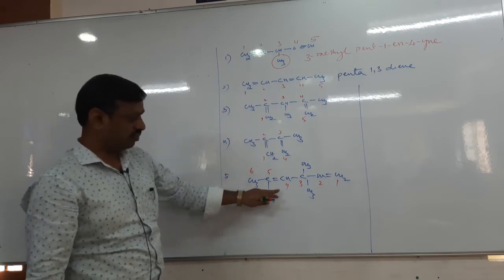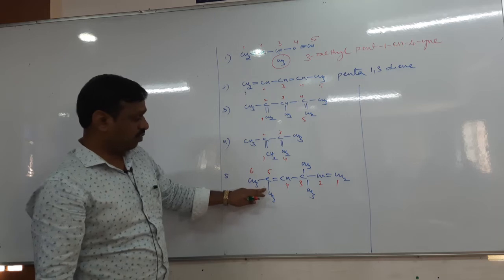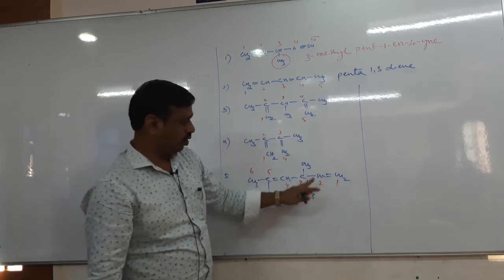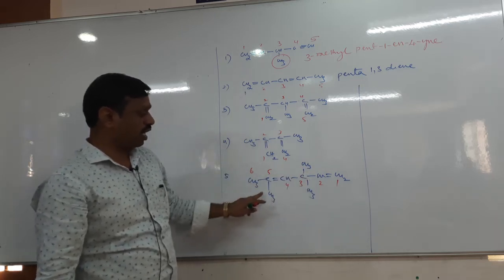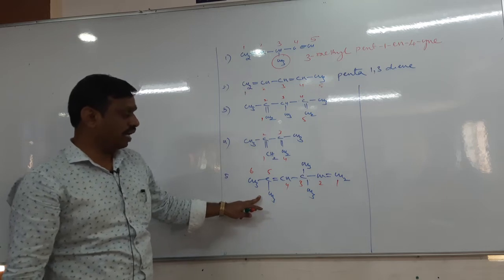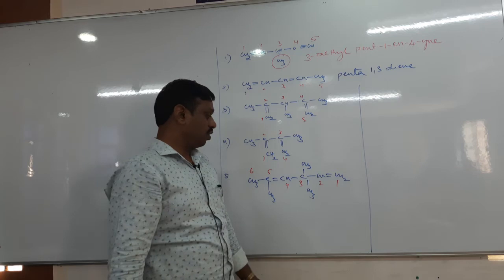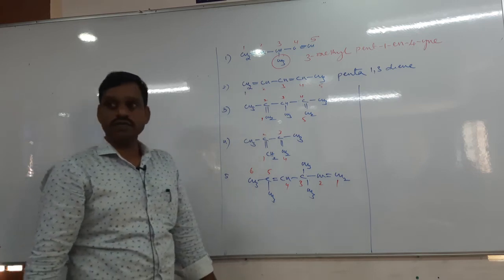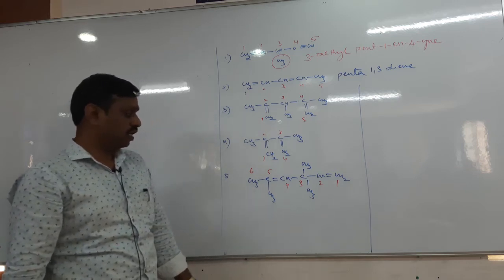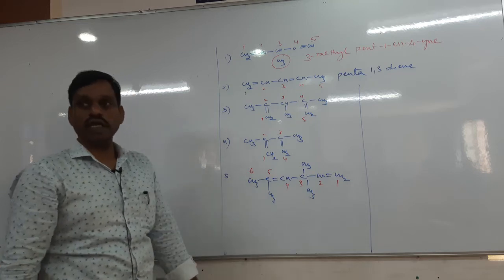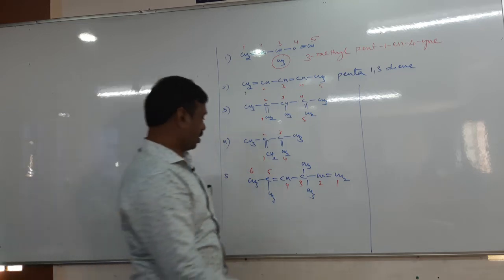Next, it is 3,3,5-trimethylhexa-1,4-diene. Okay.